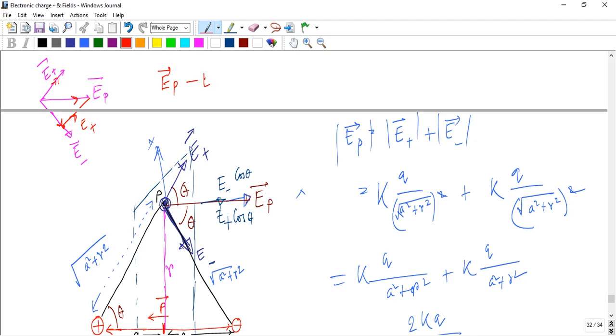So minus E plus, anticlockwise minus E minus, equals 0. Finally we get EP equal to E plus plus E minus, and if you consider both directions the same, with cos theta.